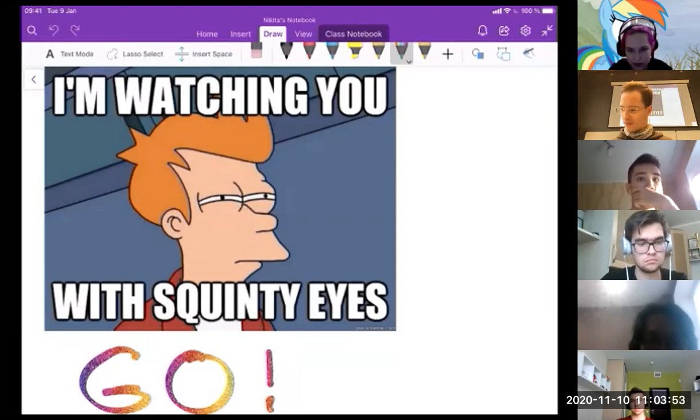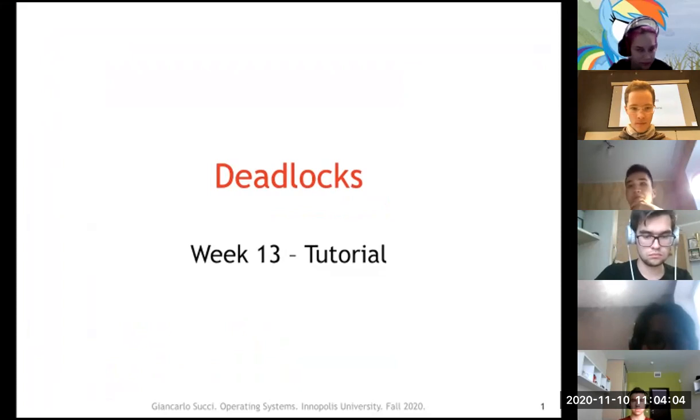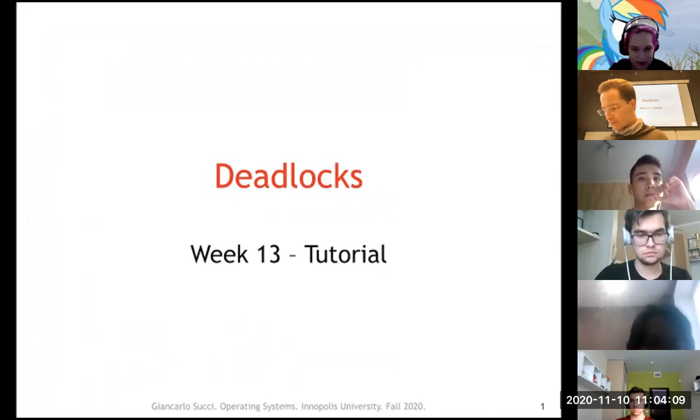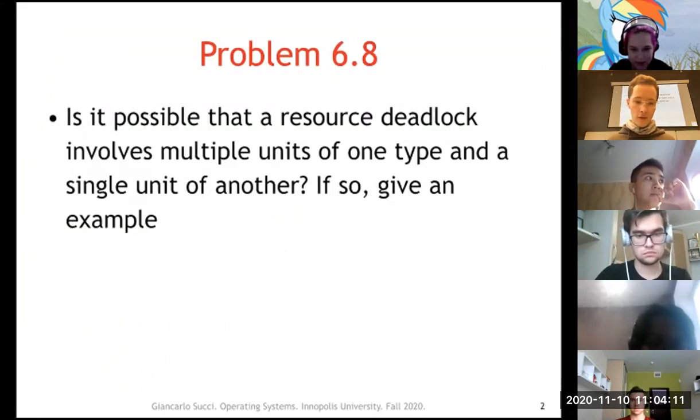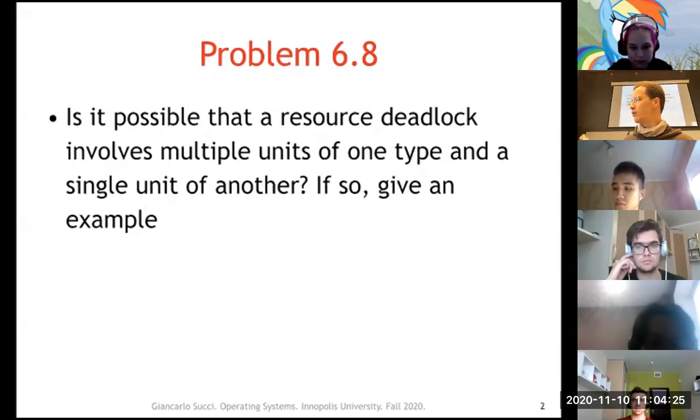No questions? Okay. So, as usual, we solve the problems from Tannenbaum during the tutorial, so you can get your hands on them. By the way, a few of you had questions on Tannenbaum versus Bach and the alternative form of exam.